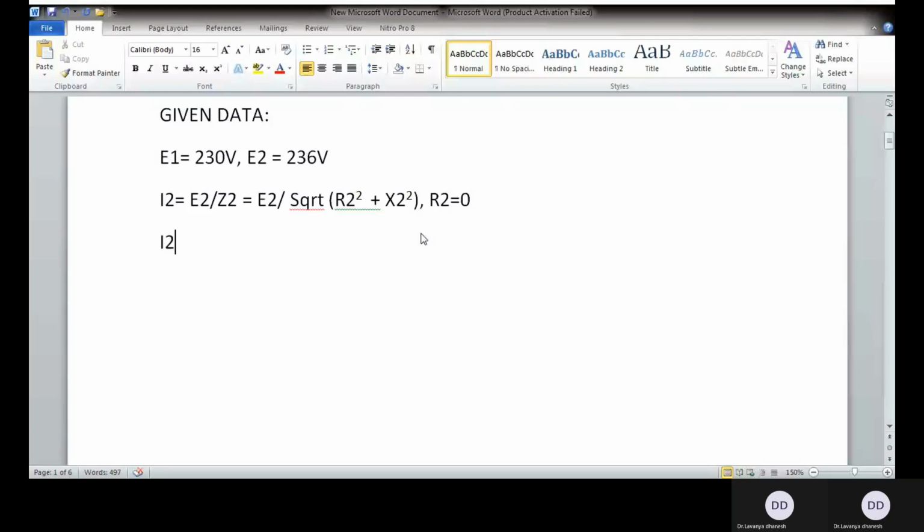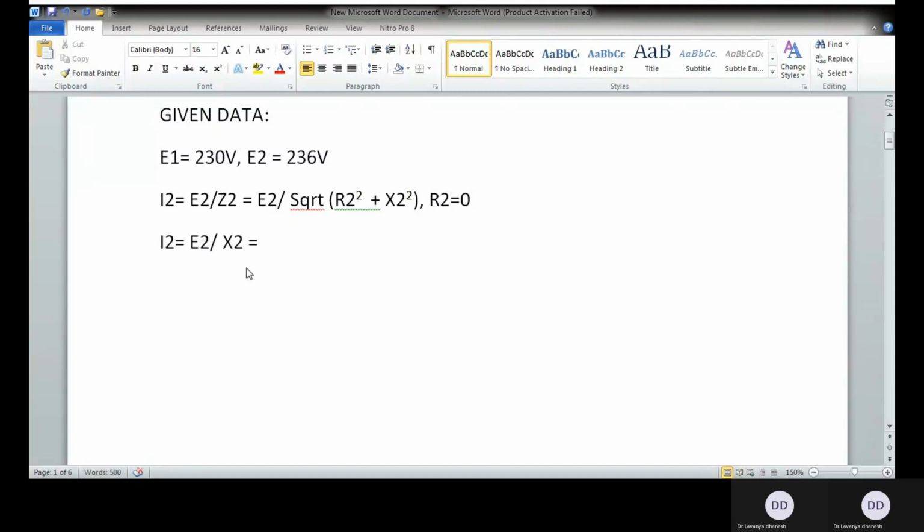Z2 I have written as the square root of R2 squared plus X2 squared, and R2 squared is 0 here. So automatically the formula will finally become E2 divided by the square root of X2 squared. The square and square root will get cancelled and we'll get the value as X2.